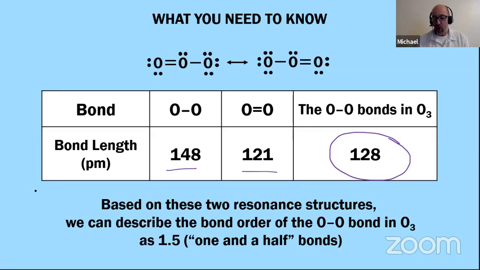But in fact, the OO bond in ozone is somewhere in between in terms of length, a single and a double. So it is shorter than a single bond, but it is longer than a double bond. So we can describe the bond order of the bonding in ozone as 1.5 bonds as the average of these two structures. But again, on the AP exam, do not draw half a bond.